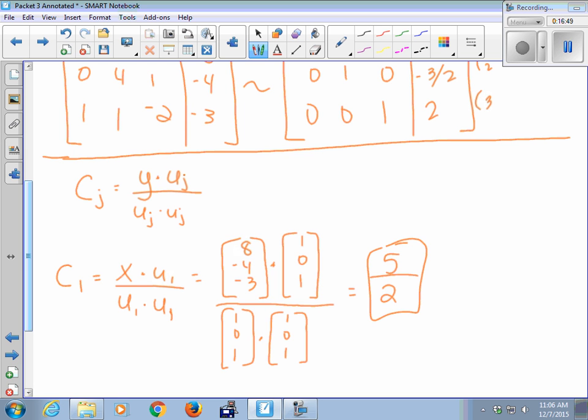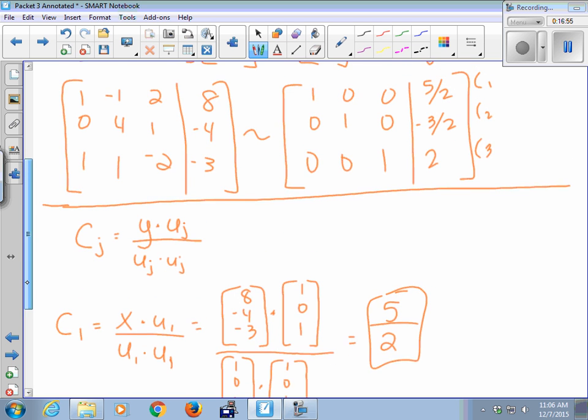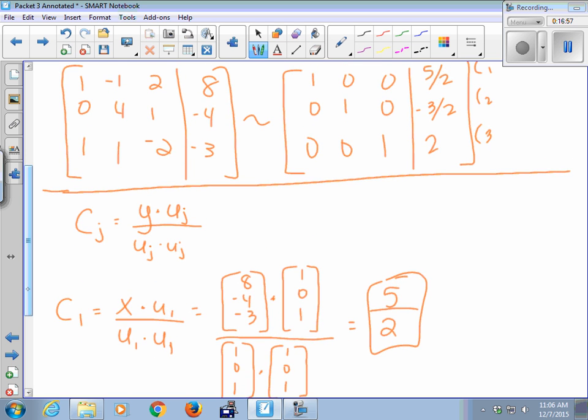That's what I got for c1 earlier. I only used u1 to calculate it. It only works because it's an orthogonal basis. It's kind of like if you had (1, 0, 0), (0, 1, 0), and (0, 0, 1): only one of the vectors is going to contribute.